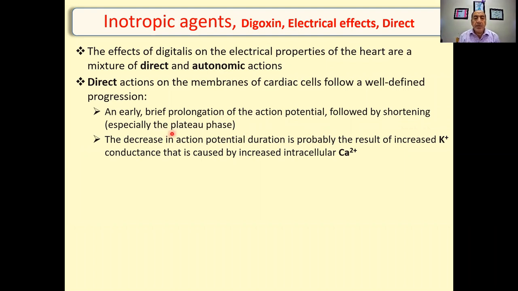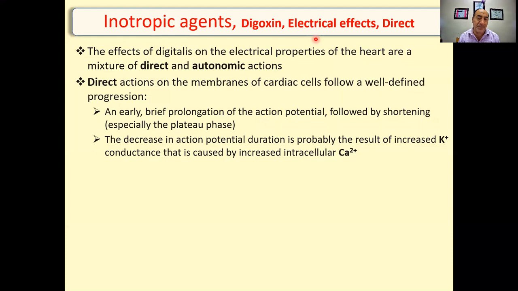The decrease in the action potential duration is due to the increased potassium efflux, which is caused by increased intracellular calcium, because now digitalis increased calcium inside. We agree? Okay. So now more calcium inside, so potassium efflux will be more. There are potassium leak channels. So now potassium efflux can be more because positive repels positive, get out of my face.